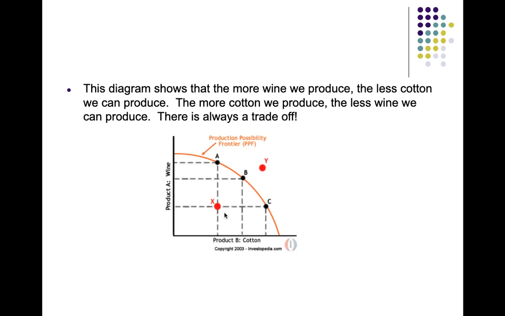And then here you can see an X coordinate and a Y coordinate. We're going to talk about the X first. The X coordinate means it's inside the curve. It's an inefficient use of resources. And some examples of why it's inefficient, we could be going into a recession or a depression. People aren't buying things, there's layoffs. Also, it could be that in California, we can grow wine really well and wine grapes.